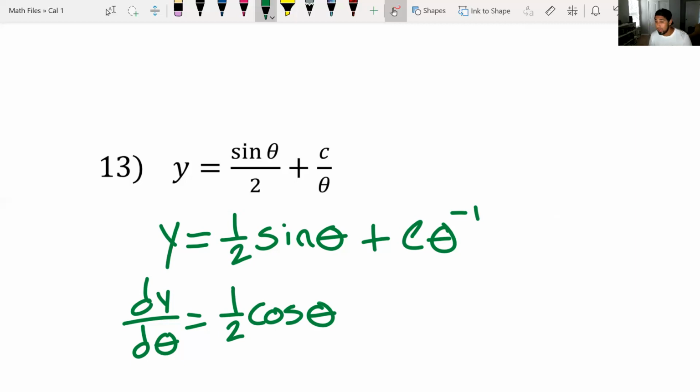We power rule that, which means the negative 1 will come down and multiply the c. So you'll get negative c theta, take 1 from negative 1 to the negative 2.